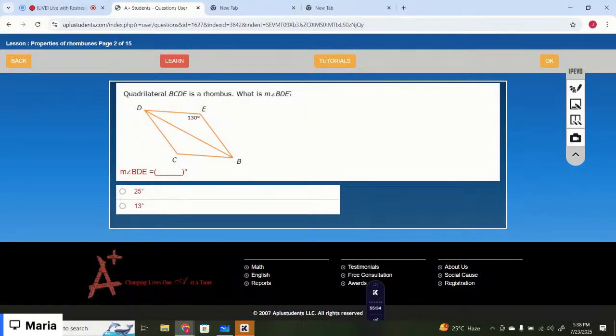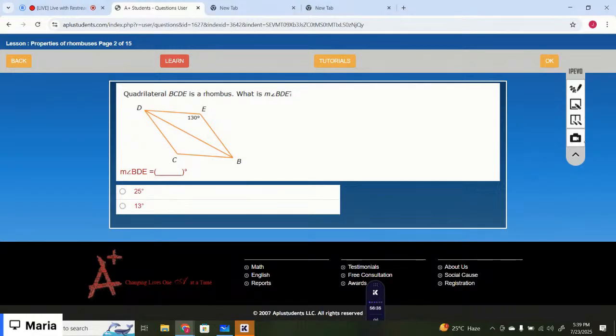Quadrilateral BCDE is a rhombus. What is the measurement of angle BDE?